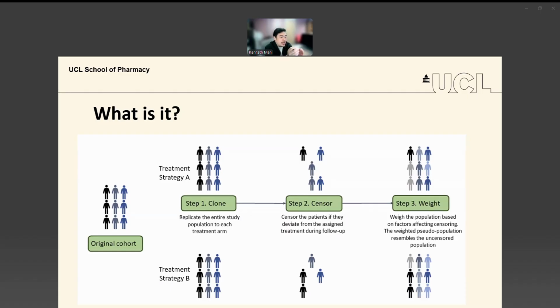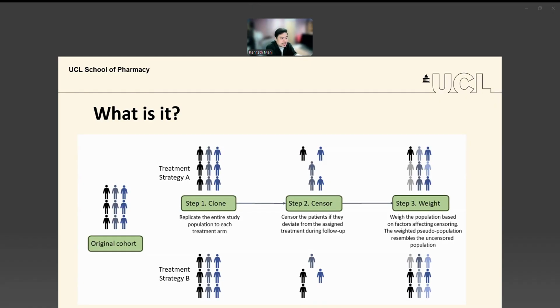Imagine you have your original cohort, where you have already sorted out all the inclusion and exclusion criteria. You assess the eligibility for everybody. In this particular example, I have two treatment strategies, A and B. Then I clone the entire cohort into two copies.